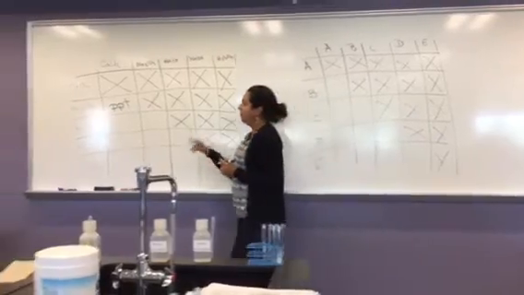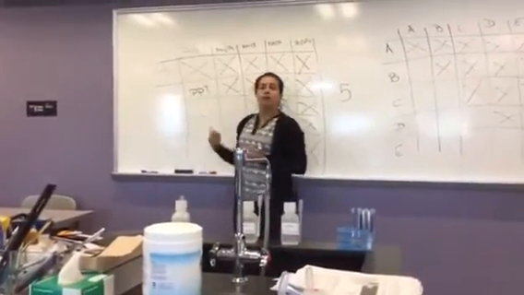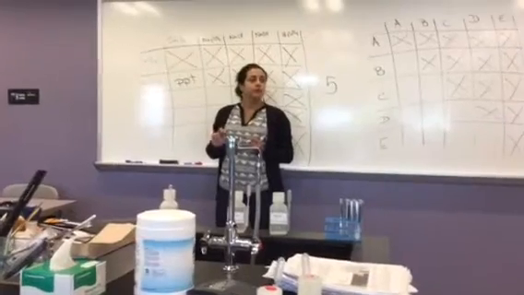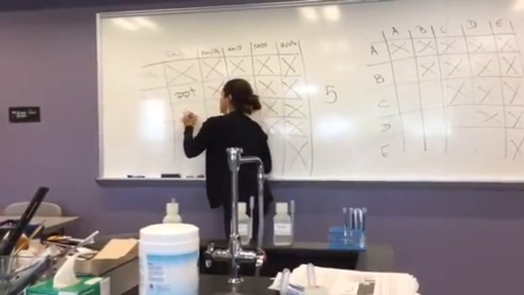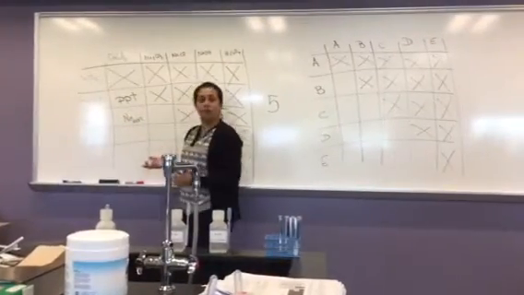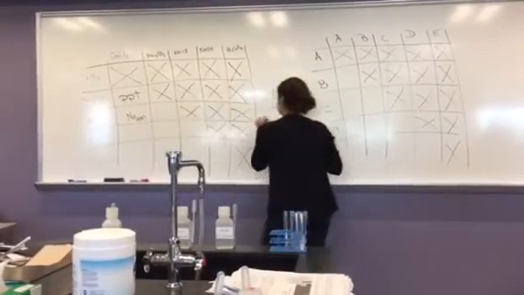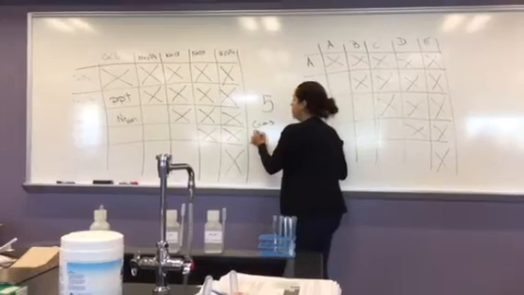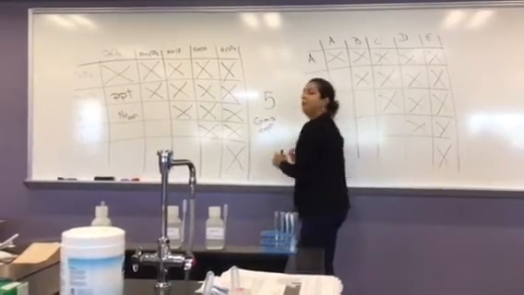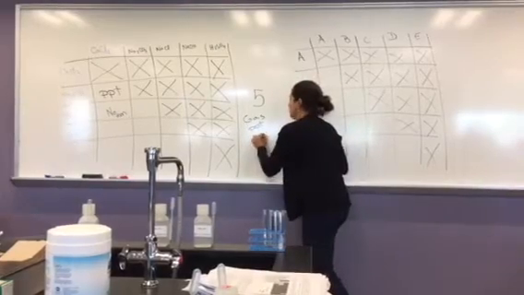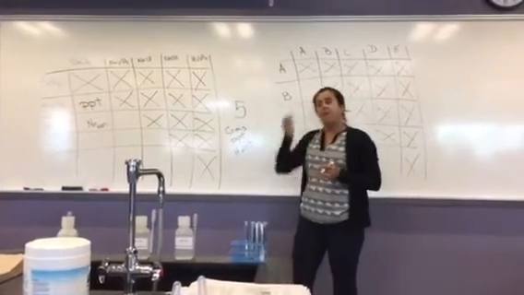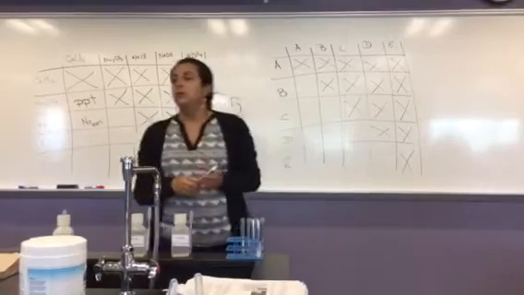If you mix, for example, calcium chloride with sodium chloride, nothing happens, you just write no reaction. If you observe gas, you write gas. If you observe a precipitate, you write PPT. If it gets hot and you feel it, you just write that. That is for the known solutions.